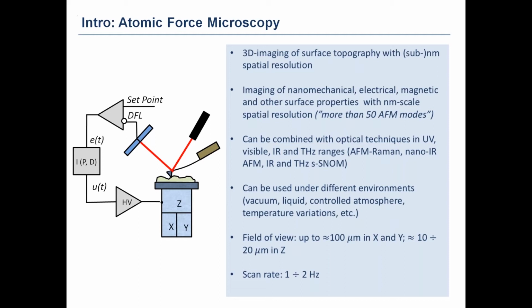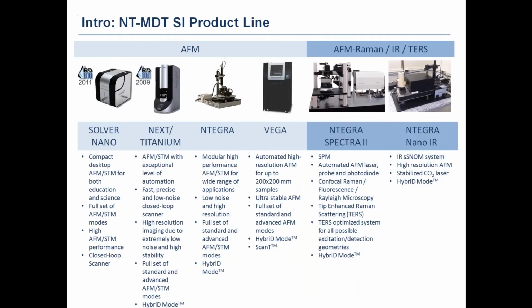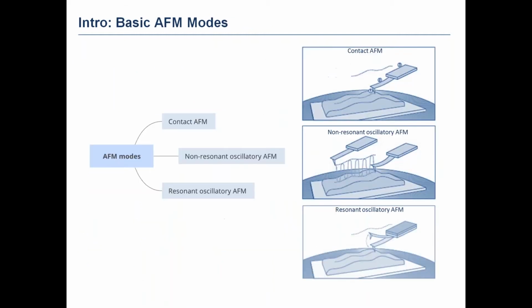One of the well-known companies is our company, NT-MDT Spectrum Instruments, and we have a whole range of both AFM and combined AFM-Raman systems, starting from relatively simple educational instruments to science-level instruments, and up to completely automated systems like Vega AFM, which realizes the whole set of available complex and modern AFM modes on large samples of up to 200 millimeters in diameter.